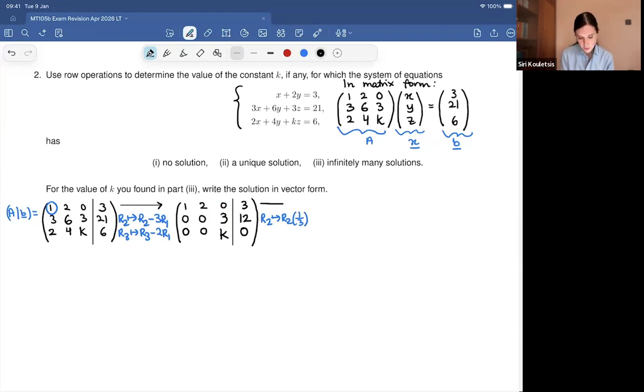And notice here that, of course, I'm writing arrows here because these matrices are obviously not the same. We are changing the matrices. We're doing row operations, which means that we are changing some of the equations in the original system. We'll talk about that at the end, just what that means.